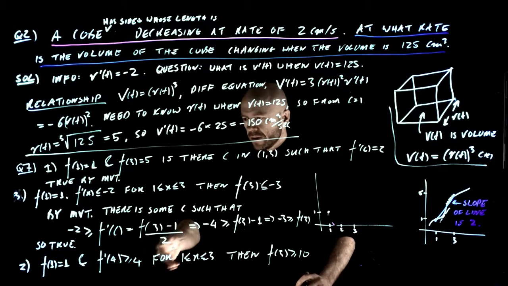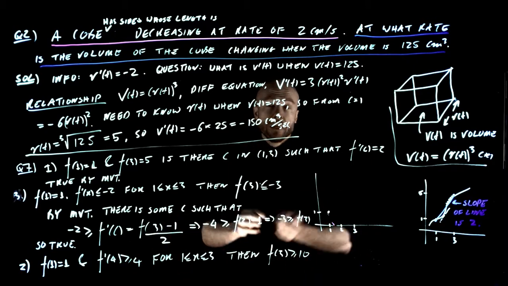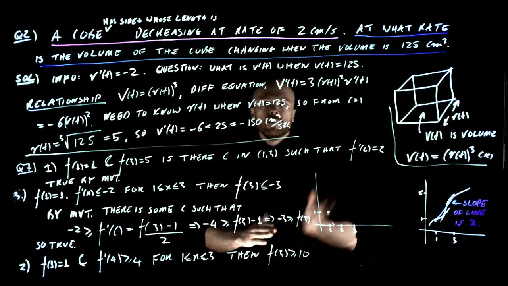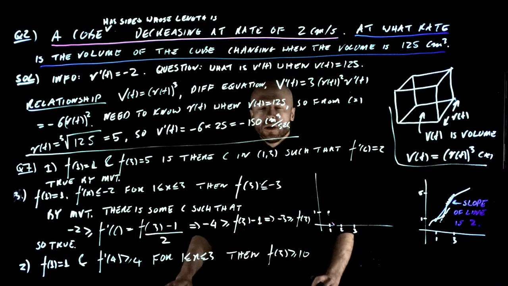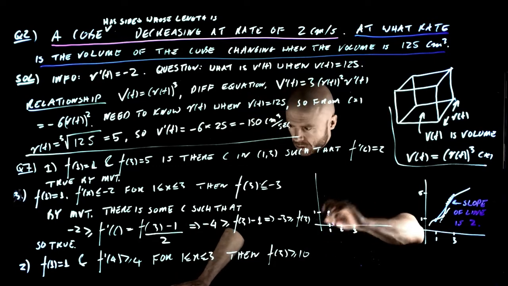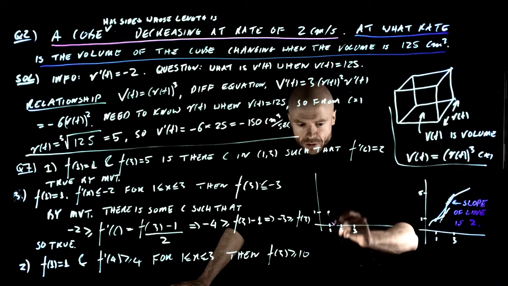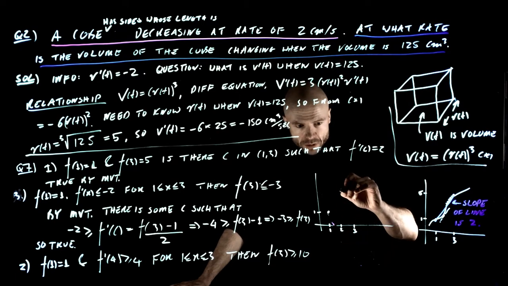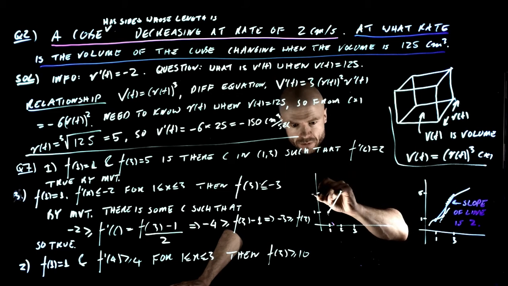We have that the derivative is always bigger than or equal to 4, so the very least amount it can possibly be going upwards is if we actually have a linear function whose slope is 4. So going from 1 to 2 would be going up by 4, so we'd end up at 5.